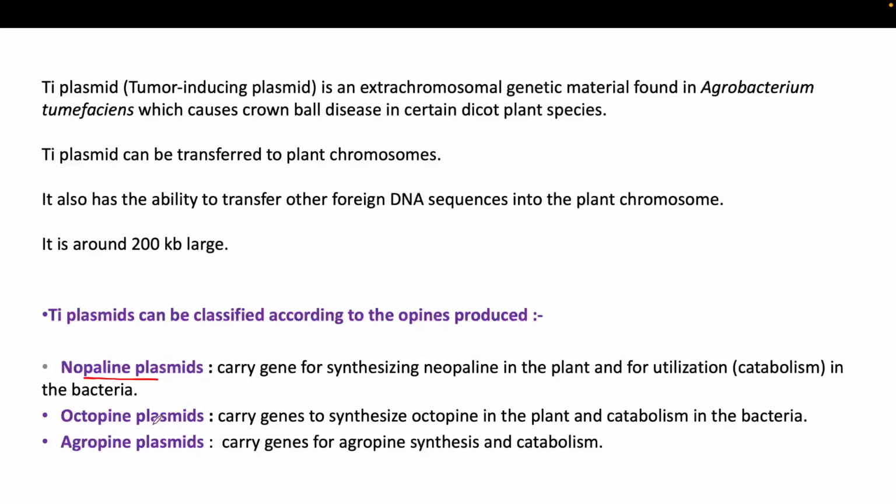If it produces octopine, it is called an octopine plasmid. And if it produces agropine, it is called an agropine plasmid. These three are the very common types of opine-synthesizing Ti plasmid, though there are other varieties too. Opine is their energy system, a nitrogen and carbon source.